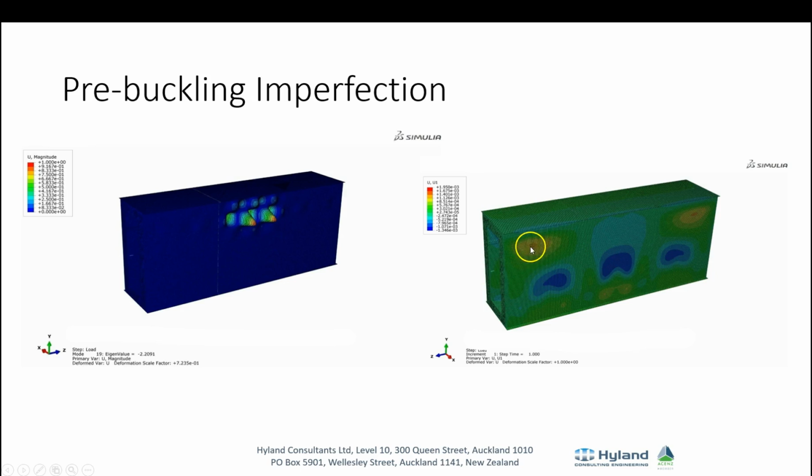So we were getting some buckling in the top where the compression was, but we're also getting a little bit of buckling mid and lower below the neutral axis, which wasn't really what I was expecting. But when you think about it, if you're getting a buckle up here, then it's got to be matched by another buckle somewhere else.